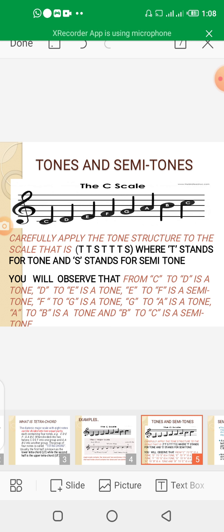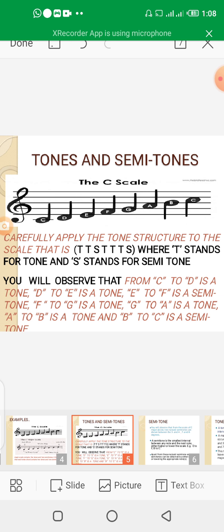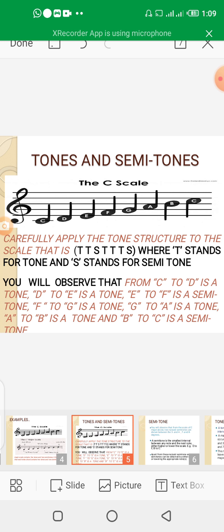Semitones, tones and semitones. I'm sure we must have come across this. Now I want you to pay close attention to the scale first. Then let's explain. There's what is called the tone structure. The T represents tone, while the S represents semitone.